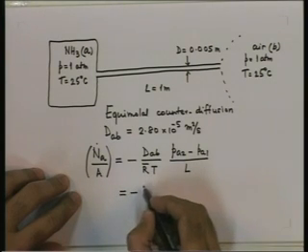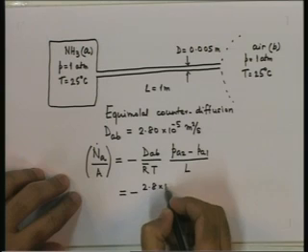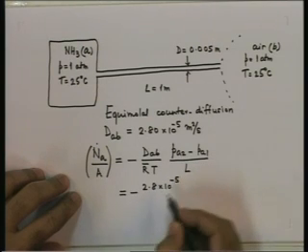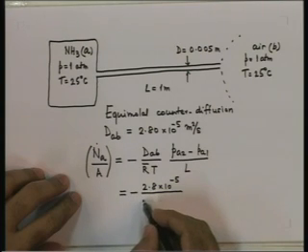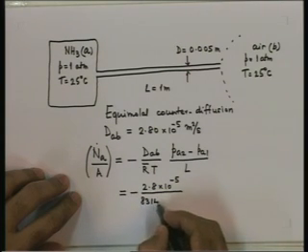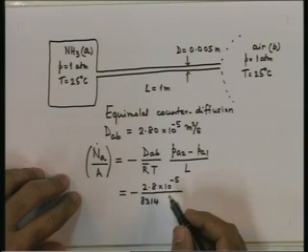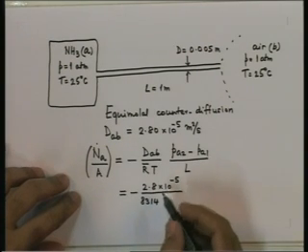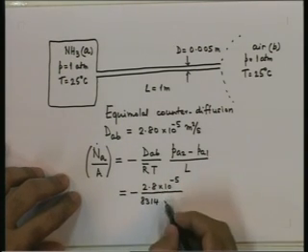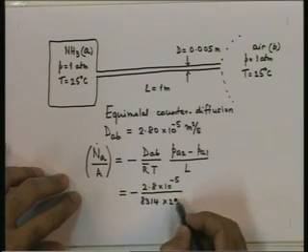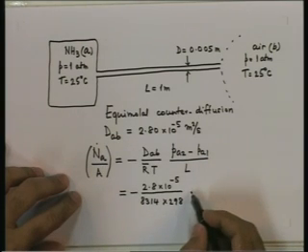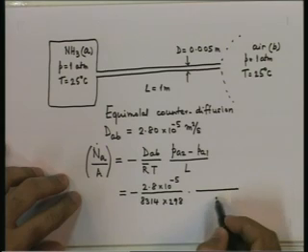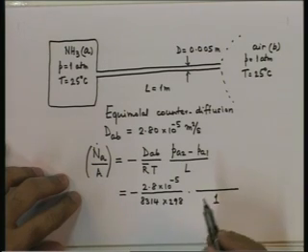DAB is 2.8 into 10 raised to minus 5 meters square per second. R bar will be 8314, the universal gas constant, 8314 joules per kilogram mole Kelvin. 25 degrees C is 298 Kelvin. In the second term, denominator is 1 meter.